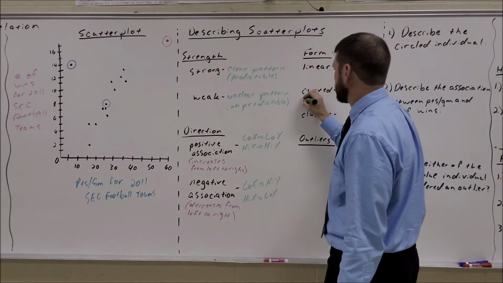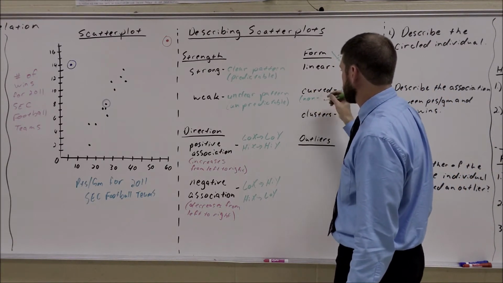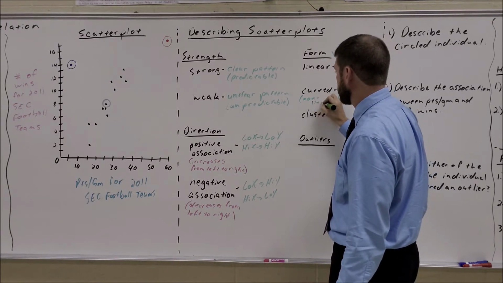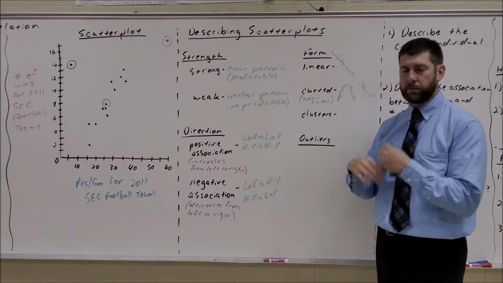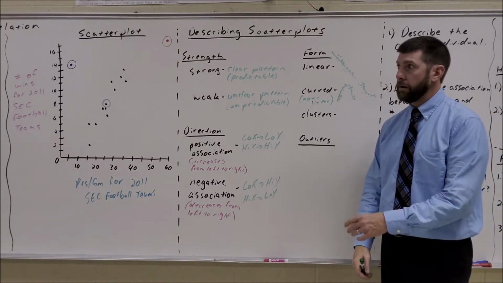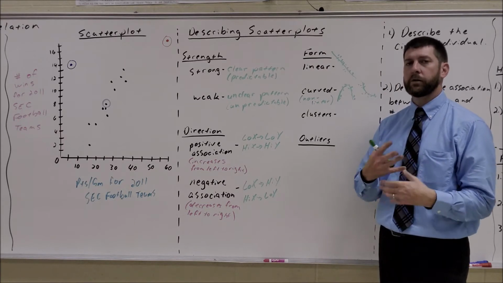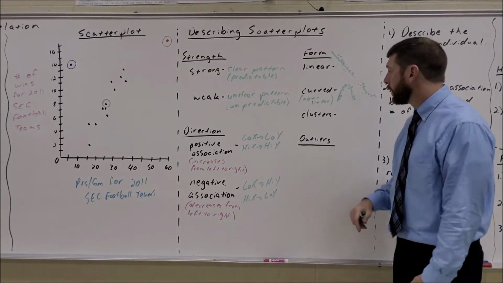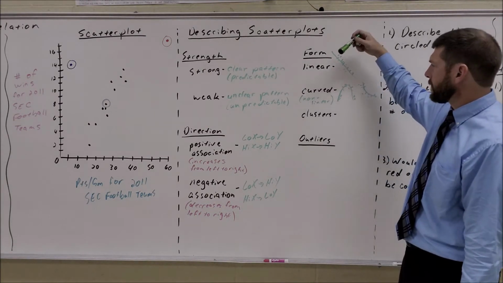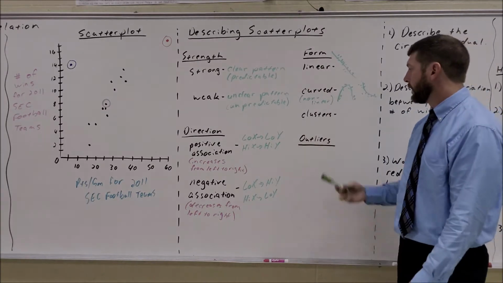Curved, a lot of times we'll just say non-linear instead of specifying a specific type of curve for this course. When you get into more advanced statistics courses, then we'll try to put specific types of curves on. Towards the end of this course, we'll start looking at different polynomial curves and exponential curves. But for right now, we really can just say if it looks linear or if it looks non-linear.